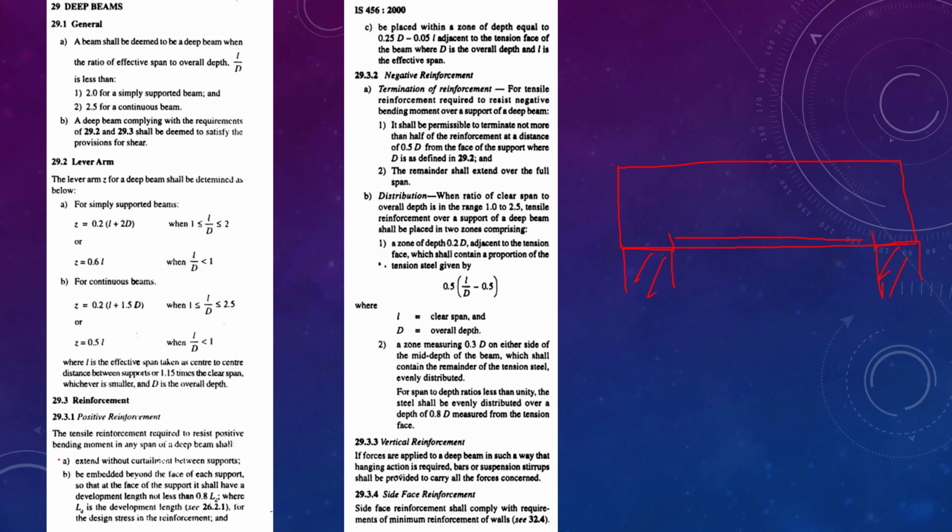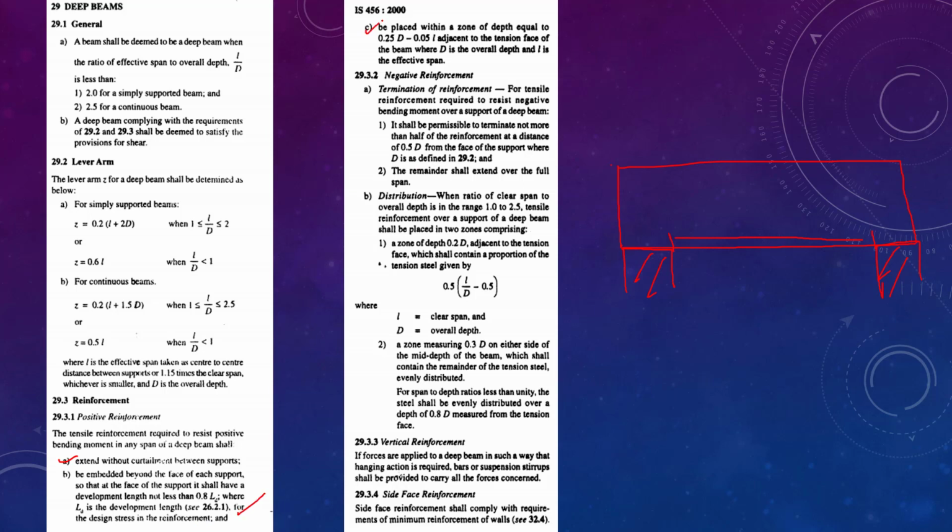Then the second one: it should be embedded beyond the face of each support, so that at the face of the support it shall have a development length not less than 0.8 LD, where LD is the development length. You learned this equation for finding development length in your previous classes, and for design stress in the reinforcement. This is regarding the requirement of the reinforcement.